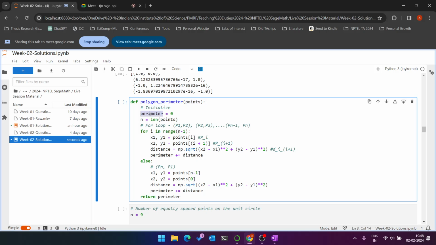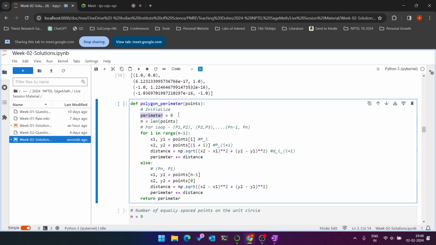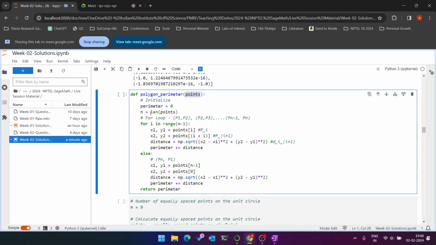We initialize our perimeter to be 0, and to that perimeter variable we will be adding one by one all the lengths of all the sides. So this function is generic in the sense that this would work even for points which are not equally spaced. So that is how I've written this code.